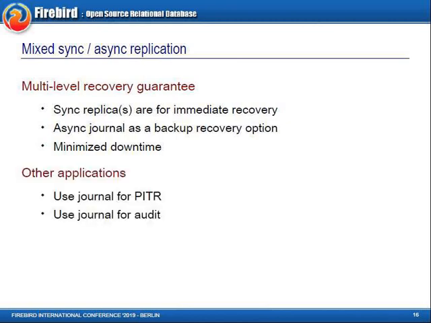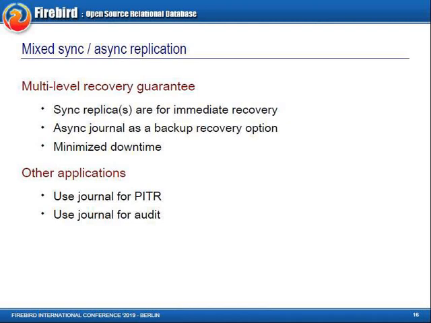Another option is that you may set up synchronous replication for actual replication, but use the asynchronous journal for other purposes. You may implement hand-made point-in-time recovery using journal files. Just make regular, for example daily or hourly, backup copies, and keep the whole history of the journal files.